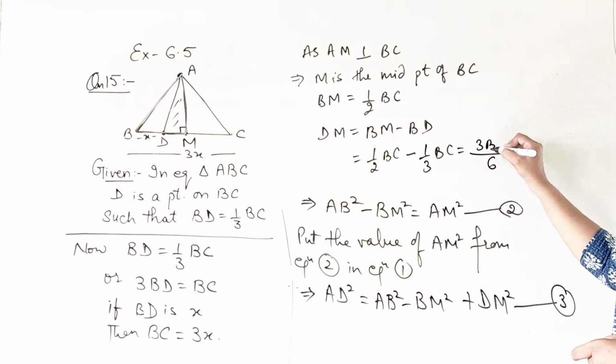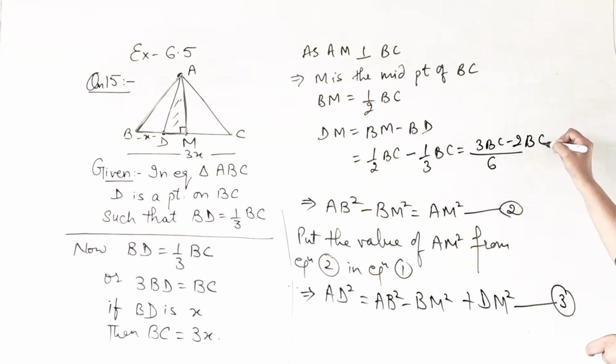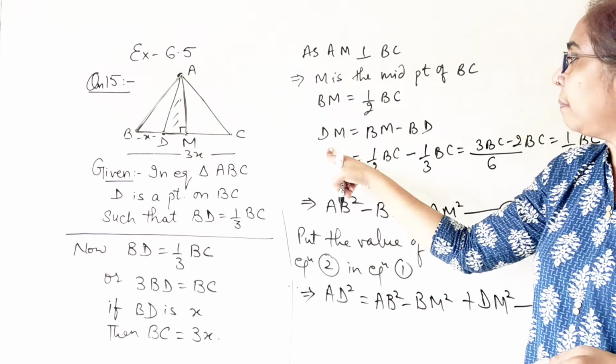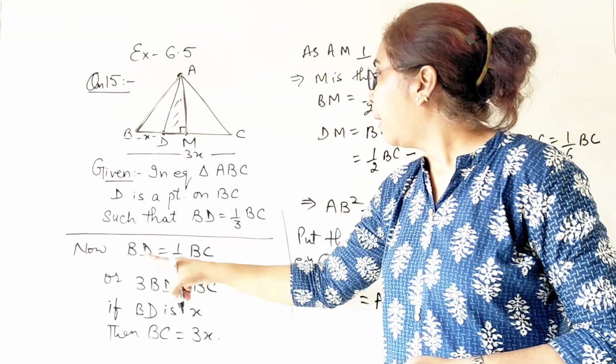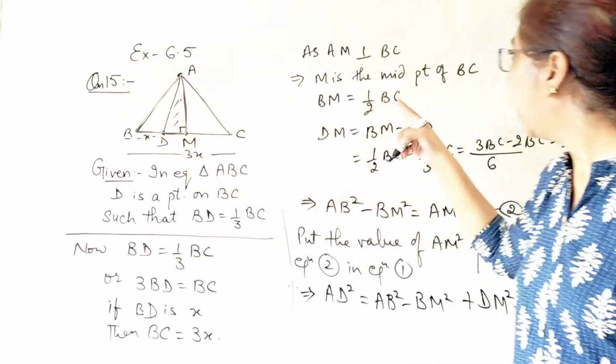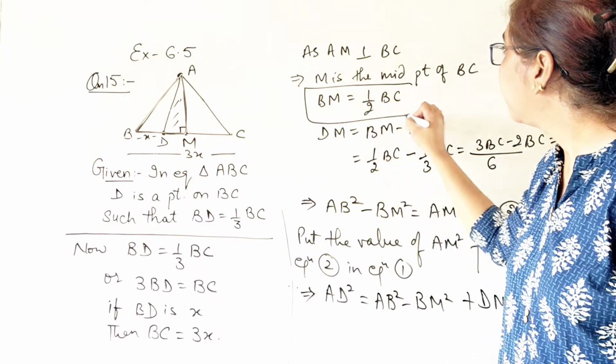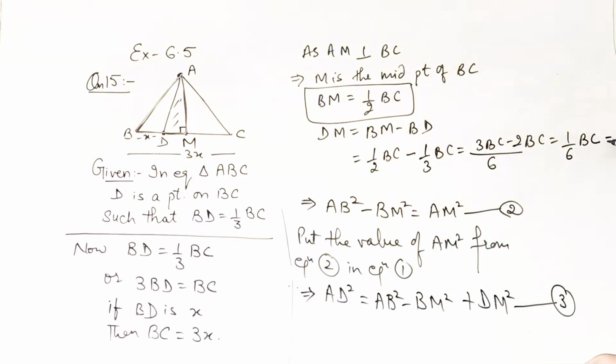So 3BC minus twice of BC, that is 1/6 of BC. Now we have DM in the form of BC and also this BM in the form of BC. This one and this one. This is equal to DM.